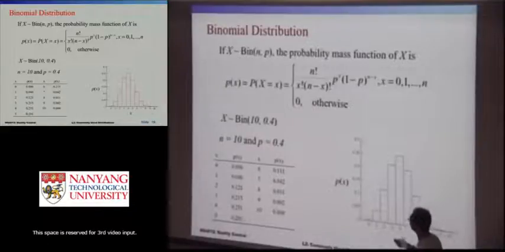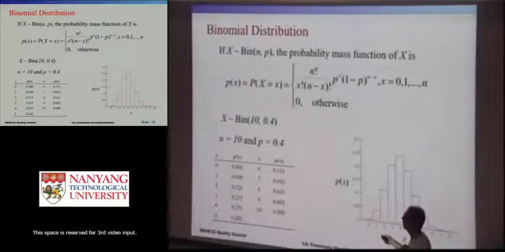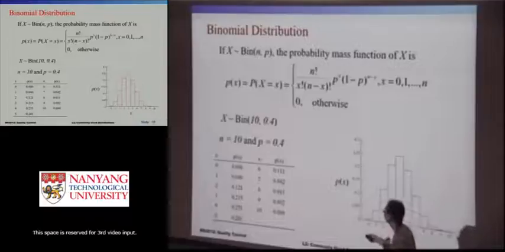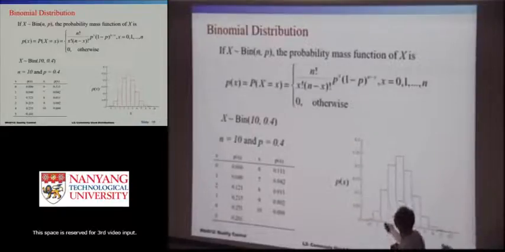So this is one example. We take the binomial distribution with 10 trials and the success probability 0.4. Then I put n equals 10 and p equals 0.4 into this formula, and I can get the PDF value for 0 up to 10. For all others, it's 0.